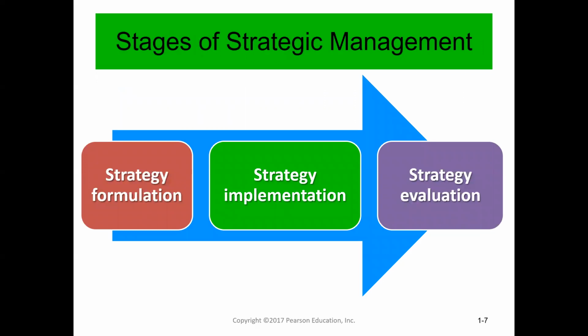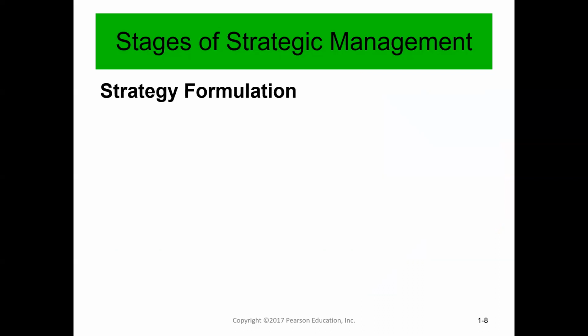Okay, here are the stages of strategic planning or strategic management. First is strategy formulation. Then you go with strategy implementation and strategy evaluation. So under strategy formulation, we go for developing a vision and mission. In our succeeding chapters, we will take part in doing or evaluating the vision and mission of a company, no?